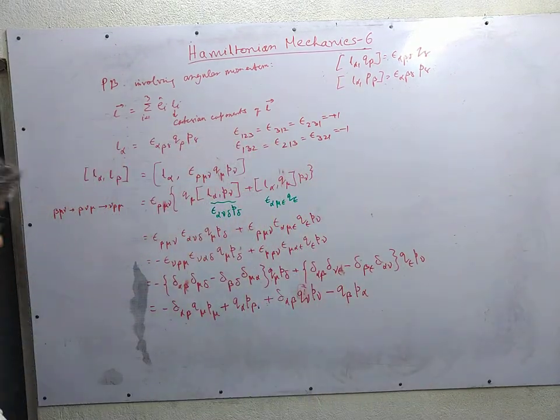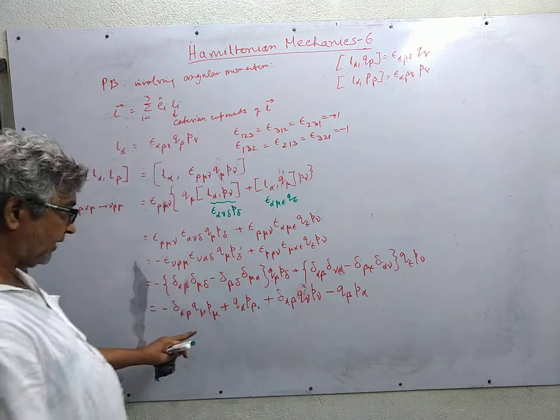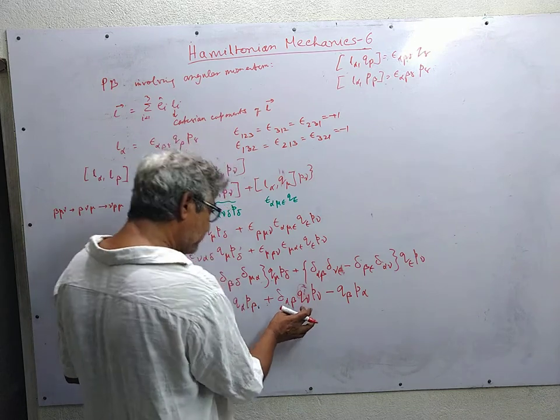The meaning of these two terms is that only when alpha is equal to beta do these two terms arise, otherwise they are zero.